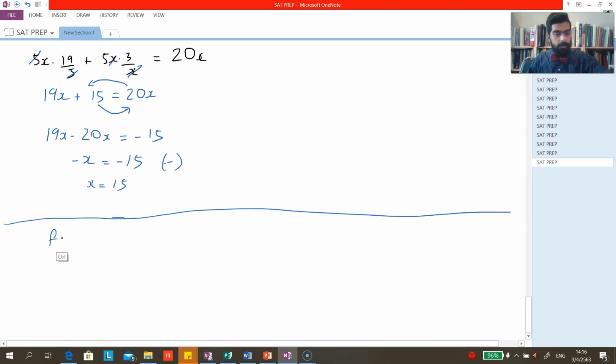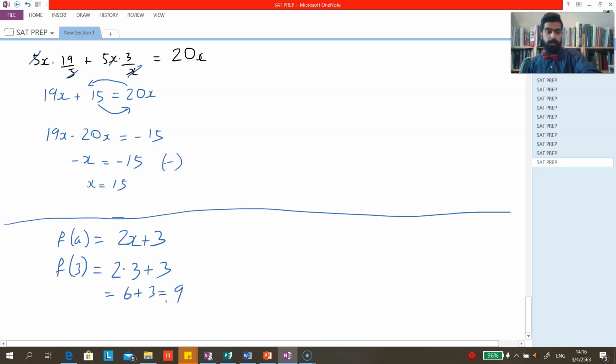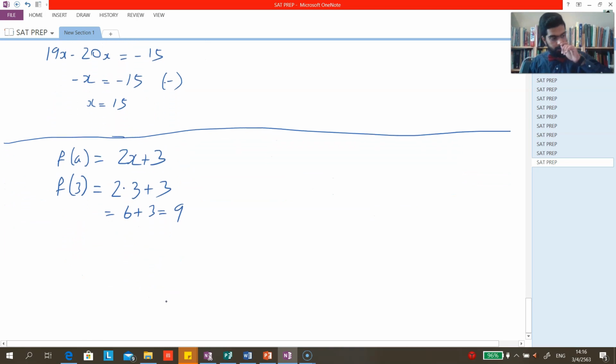So let's say f of x is equal to 2x plus 3. And using this function, they're telling us to find f of 3. So what will we have? We'll have 2 multiplied by 3 plus 3, which is equal to 6 plus 3, which is equal to 9. Right, guys? Pretty straightforward.